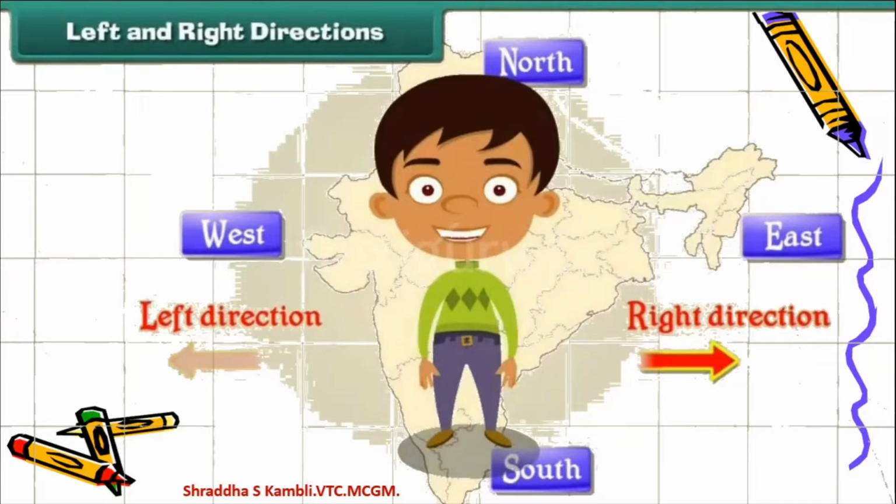So whichever part is towards the right side of our body, we say it is the right direction, and whichever is there to the left side of our body, we say it is the left direction. Whatever is above us, we say it is the north, and whatever is below us, we say it is the south, isn't it?